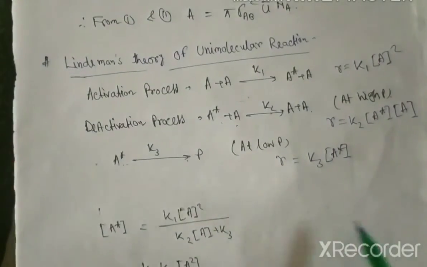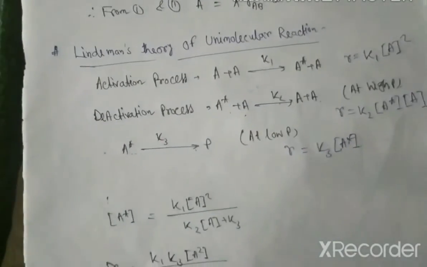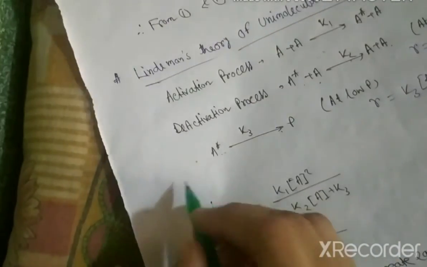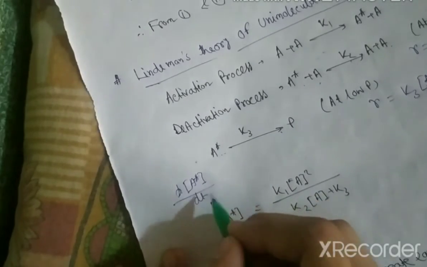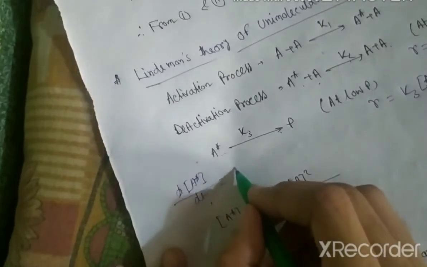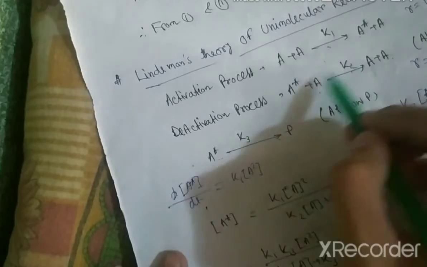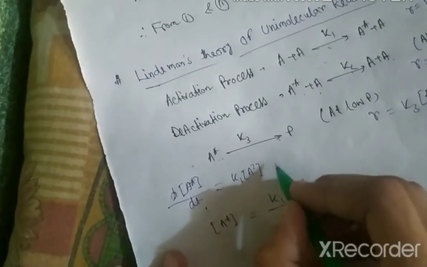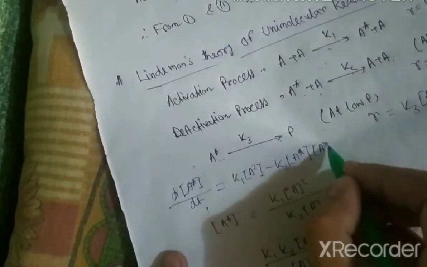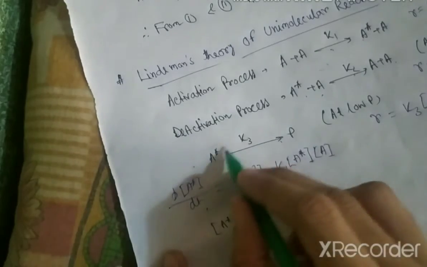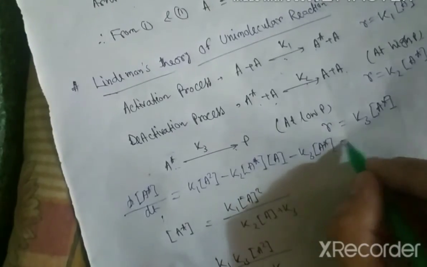Here A star is the intermediate, hence we can apply the steady state approximation for it. Hence we can write d[A star] by dt is equal to k1 into concentration of A square, because in the first step A star is formed, in the second step A star is decomposed, that is minus k2 into concentration of A star into concentration of A, and here also decomposed, that is minus k3 into concentration of A star, is equal to 0.